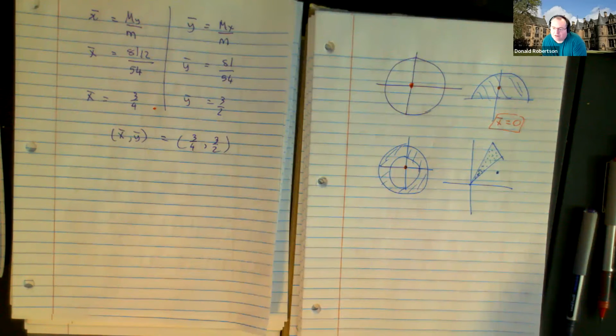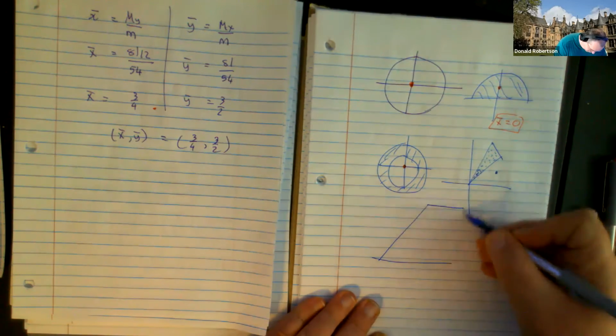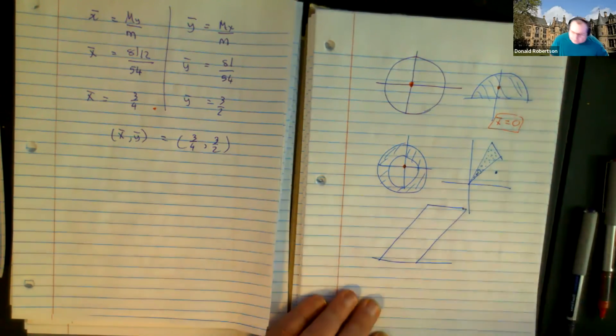Now, if you are a person who's building things, construction engineer, civil engineer, knowing where the center of mass of your shape is very important. I have seen buildings that deliberately, and I'm exaggerating them, look like that.